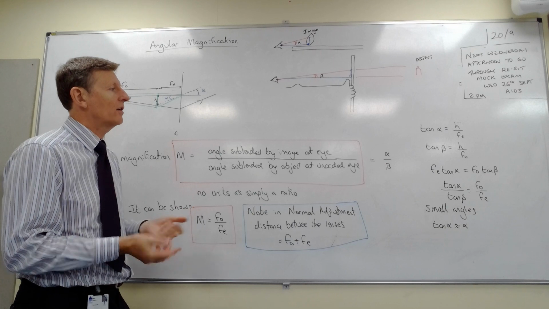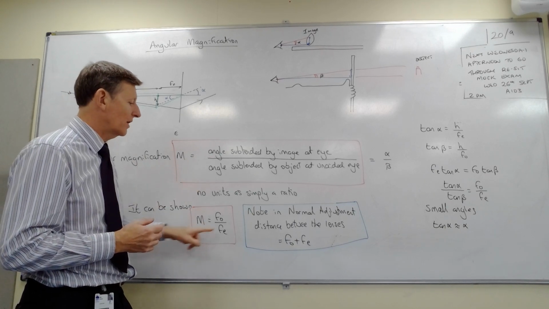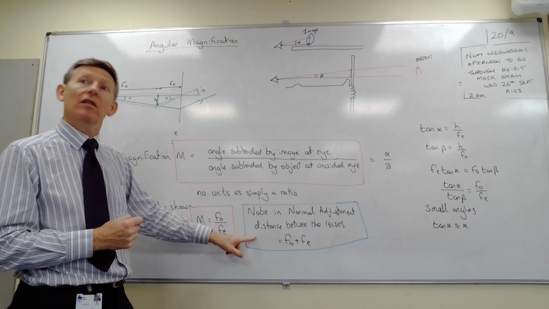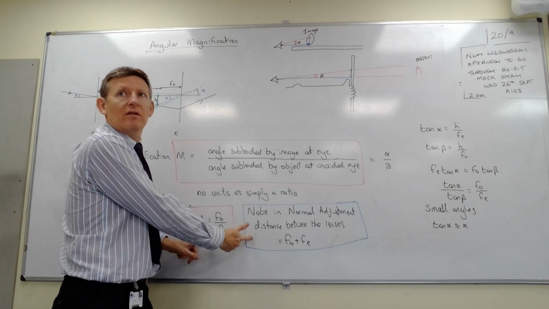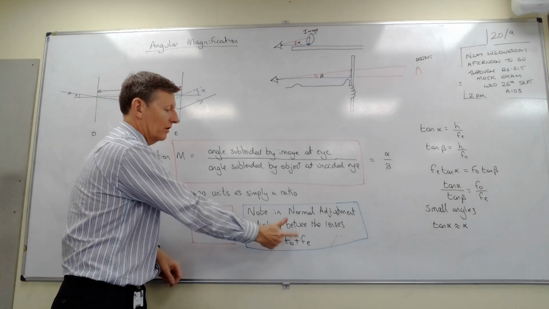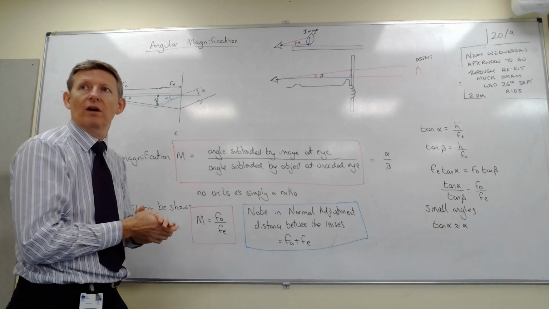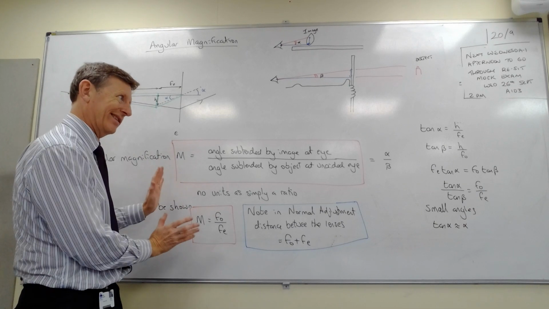So any question you get using angular magnification will be a combination of these three equations here, and that's it. So you can't make it any harder than that really. The hardest mathematical thing is to present students with a pair of simultaneous equations that they have to solve to work out FE and FO, and then possibly doing something around this as well. But they're the three sets of equations. There's nothing else. That's it.